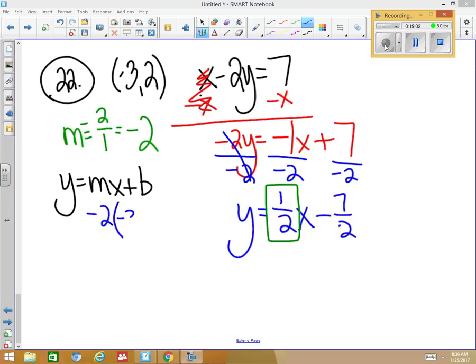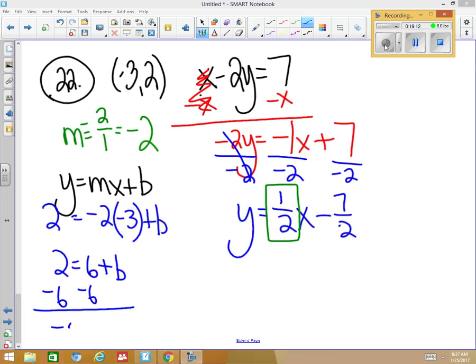The x is -3. And the y is 2. Solving like we did last year. Plug in your new slope that you got up here. And then your b. Not bad, right?